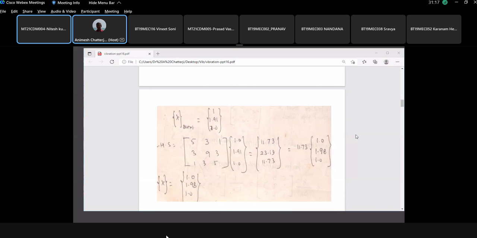I am asking about the starting vector. I said 1, minus 1, 1. So the same thing will happen again. Why is the same thing happening? So this is my third mode shape. 1, 0, minus 1 was my second mode shape. This is my third mode shape.